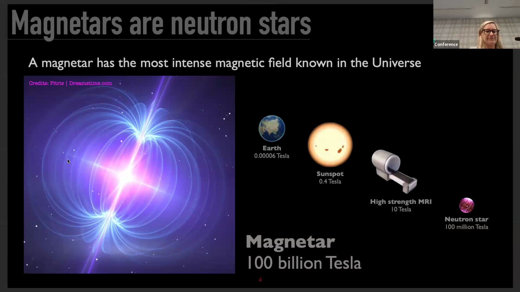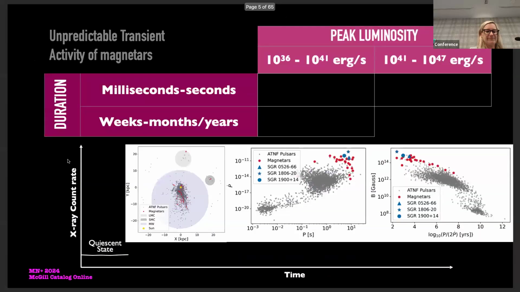In this extreme environment, the physics that we know really doesn't hold up. Atoms become like needles, and the vacuum becomes birefringent, like it can polarize the light. So very extreme things can happen, QED effects, very fascinating objects. They spend the majority of their time in a quiescent state.